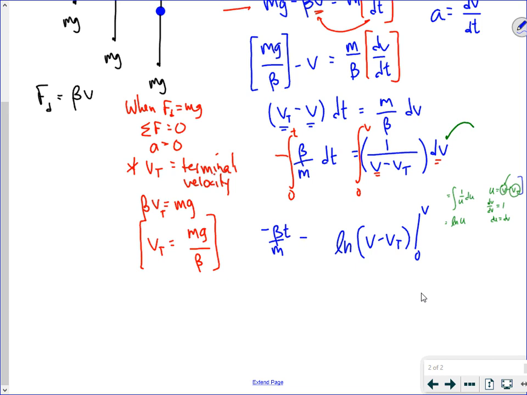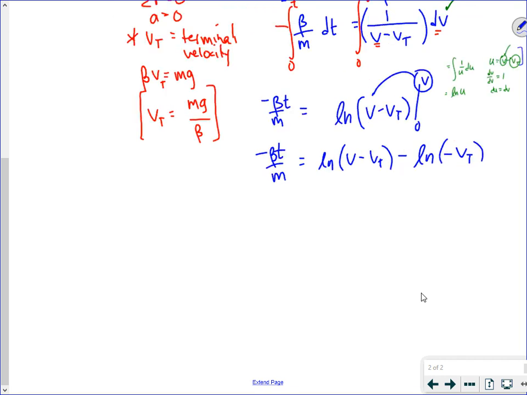That's it. That's what you get. All right. Now, when we evaluate this right side, here's our left side, we have to do natural log of v minus vt. That's us plugging in this v for v. And when we plug in 0, we have to do natural log of 0 minus vt, negative vt.